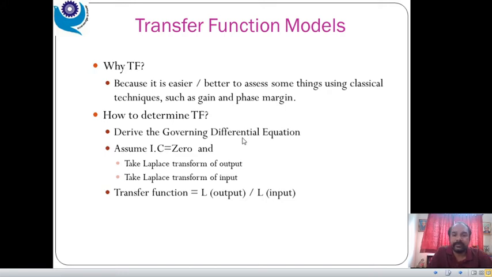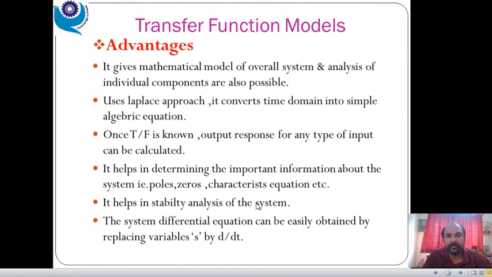So in this way, assuming initial condition 0 and taking the Laplace transform of output and of input, the transfer function is equal to L output divided by L input, that is Laplace of output divided by Laplace of input. In this way, we can calculate the transfer function. Moving to the next slide, we'll see the different advantages and disadvantages of transfer function, right?